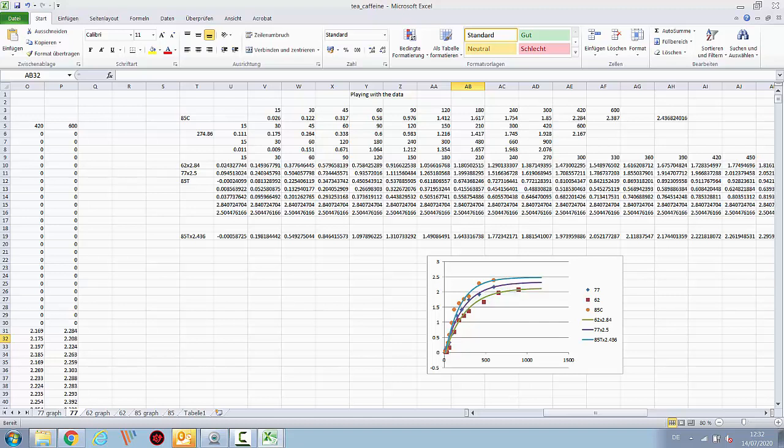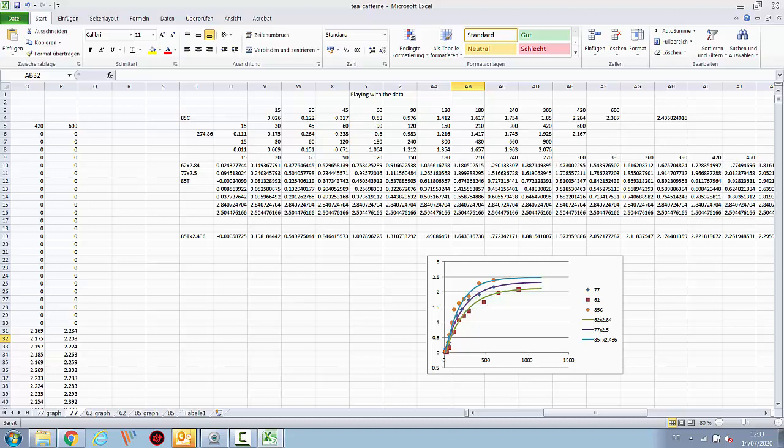So it's not the worst fit, it's not the best fit. I'm sorry about the axes, I couldn't get those to show. This bottom axis is time in seconds, the vertical axis is both the amount of absorption at 275 nanometers for the caffeine, and an altered, normalized curve for the brownness to fit onto the caffeine curve.